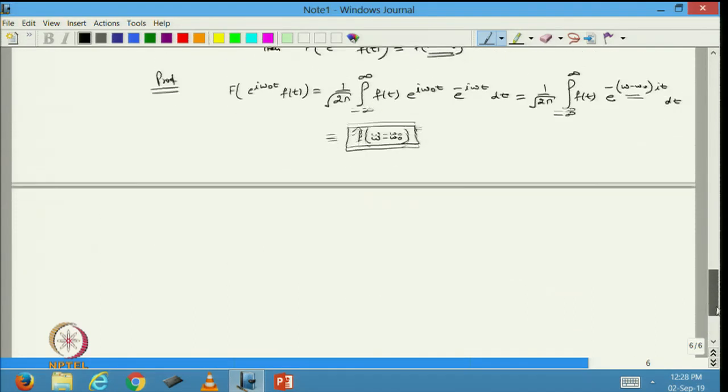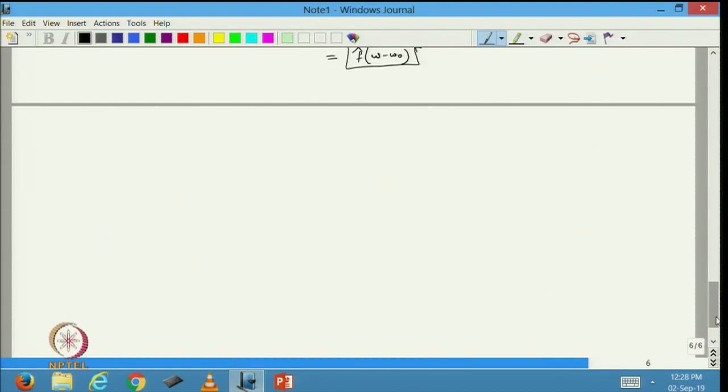Now, after solving this problem, let us solve a few differential equations. In this case I want to solve an ordinary differential equation with the help of Fourier transformation. So let us take example 1.